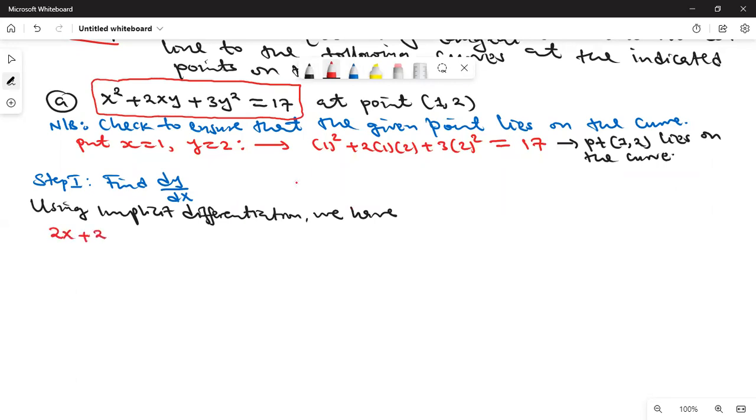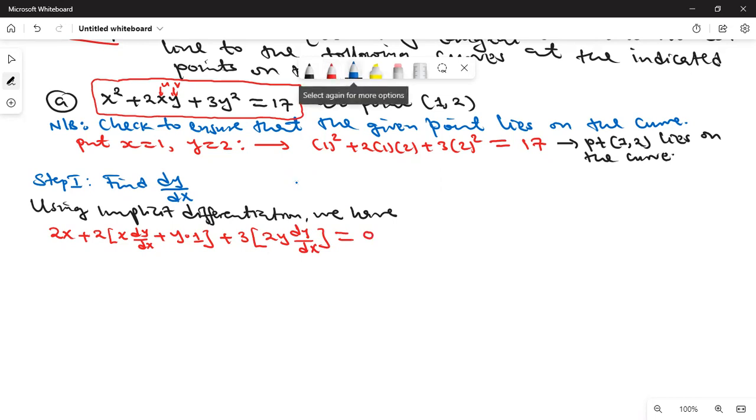plus 2. Now here we have x times y, so one of them is u, another one is v. Product rule: you keep x constant, differentiate y, that is dy/dx, plus now keep y constant, differentiate x, that is 1. Then plus 3, when you differentiate y squared, you get 2y times dy/dx, is equal to the derivative of 17, which is 0 because 17 is a constant.